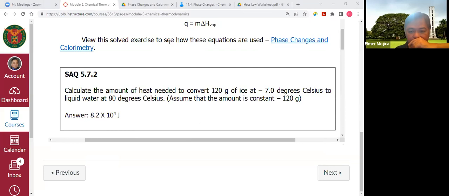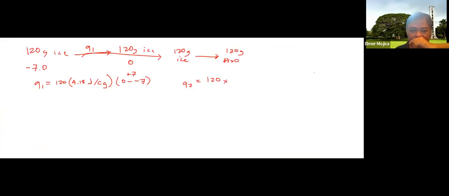So if we're going to continue, 120 times 334 joules per gram. So yan yung Q2. And then the next one, that's from 0 degrees Celsius, papunta, ano yung final temp based sa problem? 80 degrees Celsius.